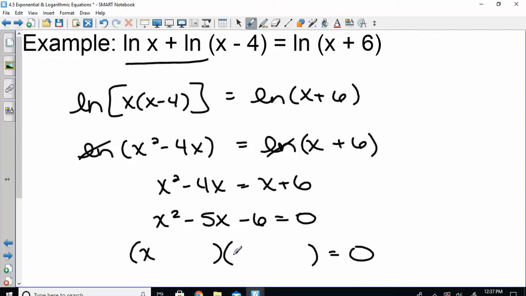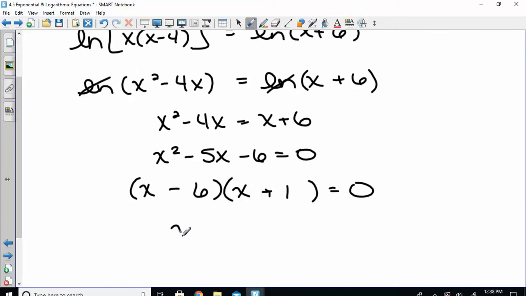So what numbers would multiply to negative 6 and add to negative 5? Negative 6 and a positive 1. Set those equal to 0, and we get x equals 6 and negative 1.